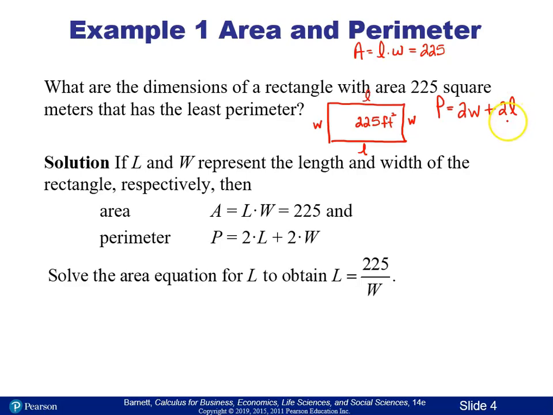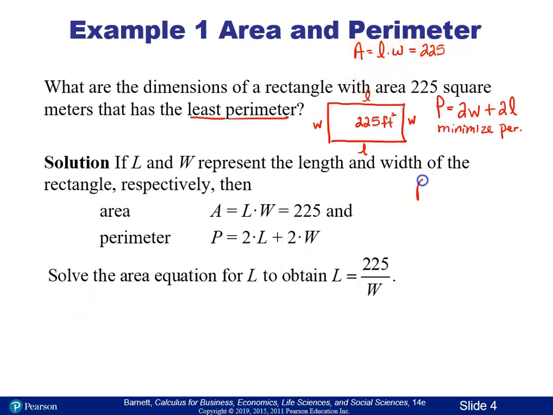Okay, so what we're going to do is solve one of the equations so that we can make a substitution into the other one. We want to start with the one that's not the one that we're going to be minimizing or maximizing. We're asked to find the least perimeter, so that means we need to minimize the perimeter. So I'm going to start with the area function here.